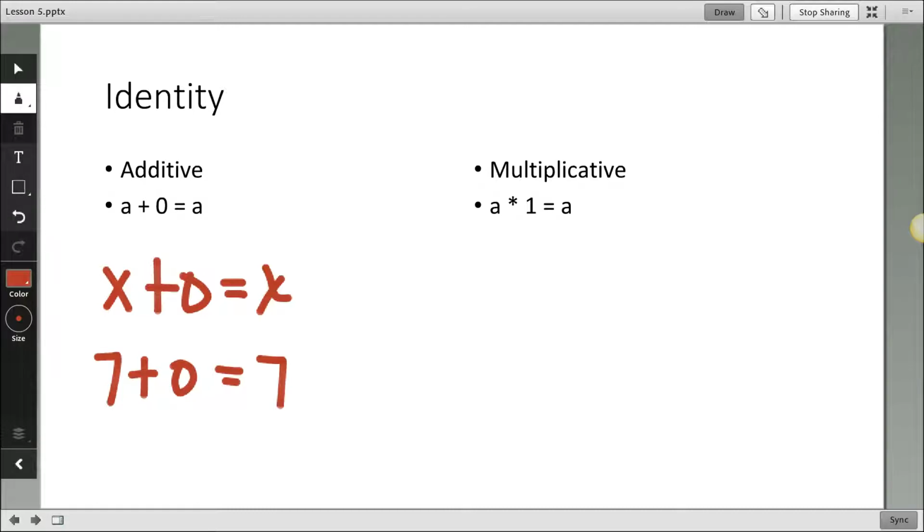That's additive identity. That's multiplicative identity. That's multiplicative identity. The goal for identities is to get back to the same thing you started with.